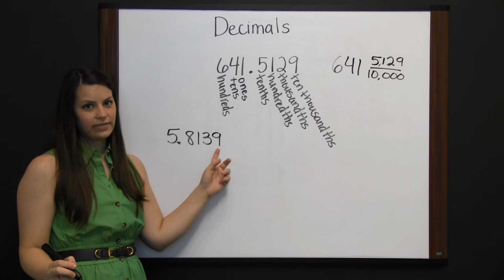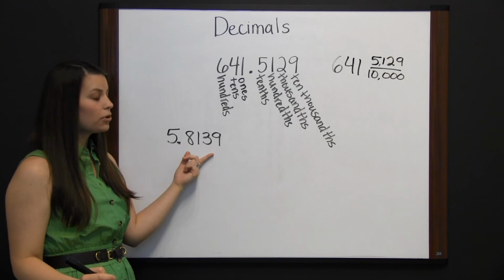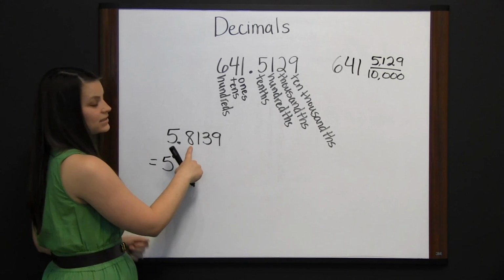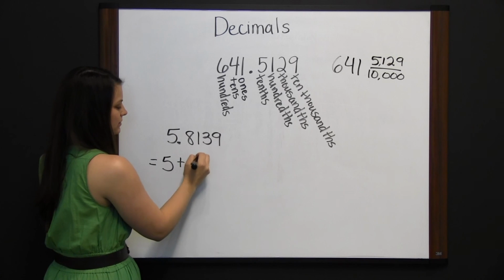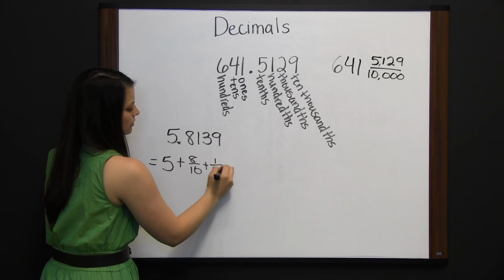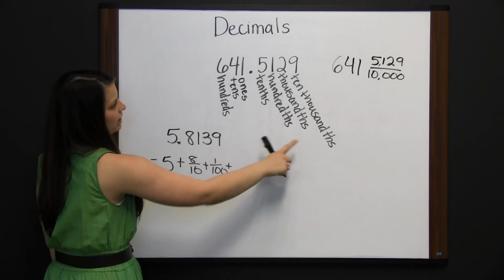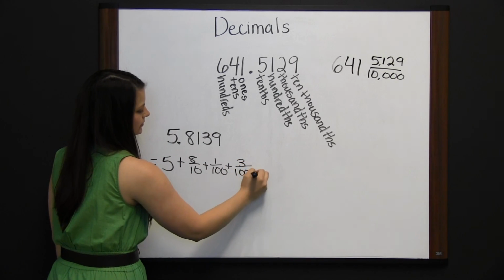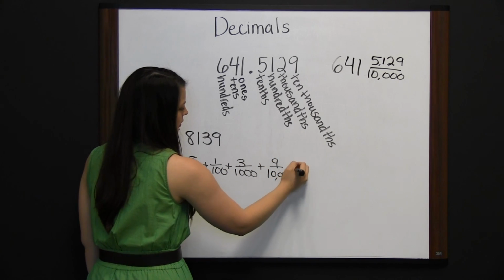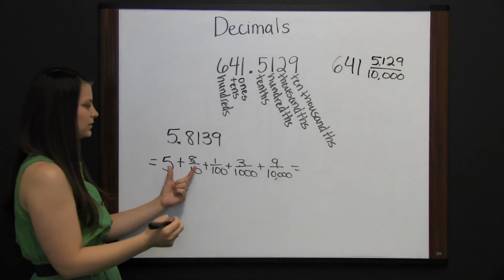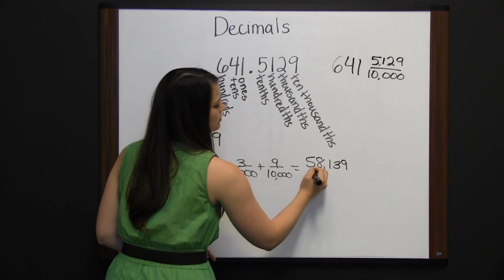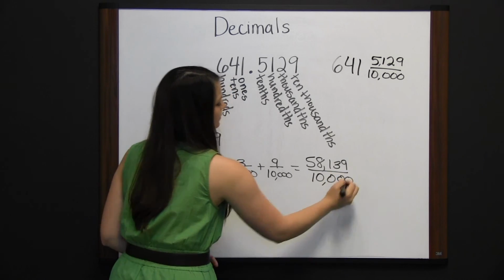8,139 10,000ths. We could write this number as an improper fraction by taking the 5 plus, this would be 8 tenths, since it's in the tenths place, plus 1/100ths, plus 3/1000ths, plus 9/10,000ths, which would give us 58,139 10,000ths.